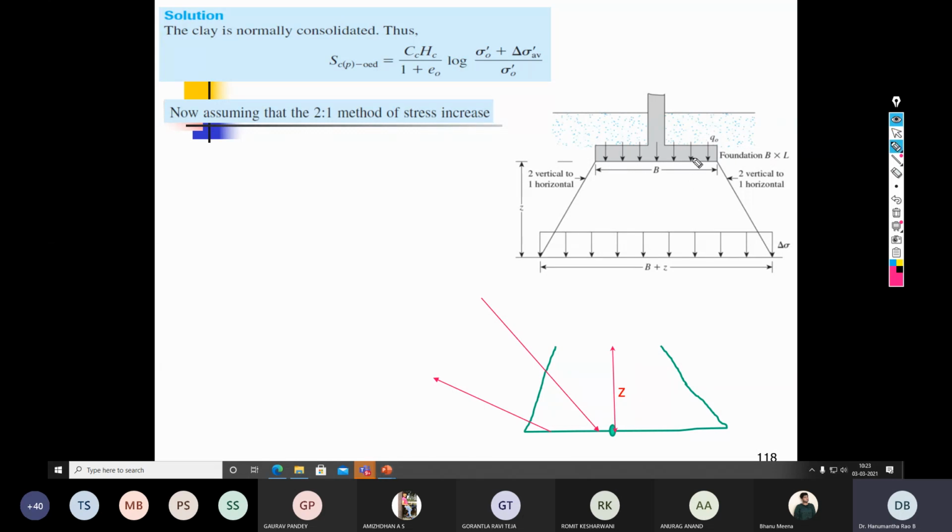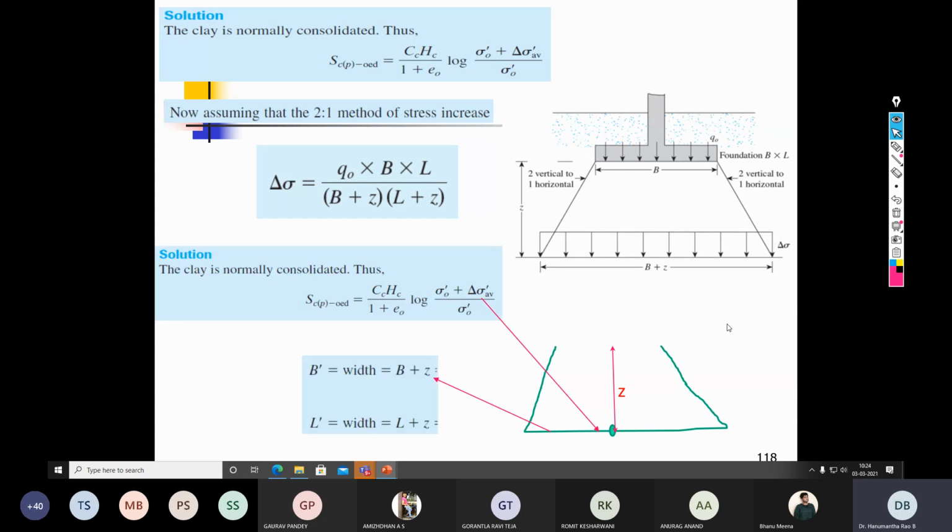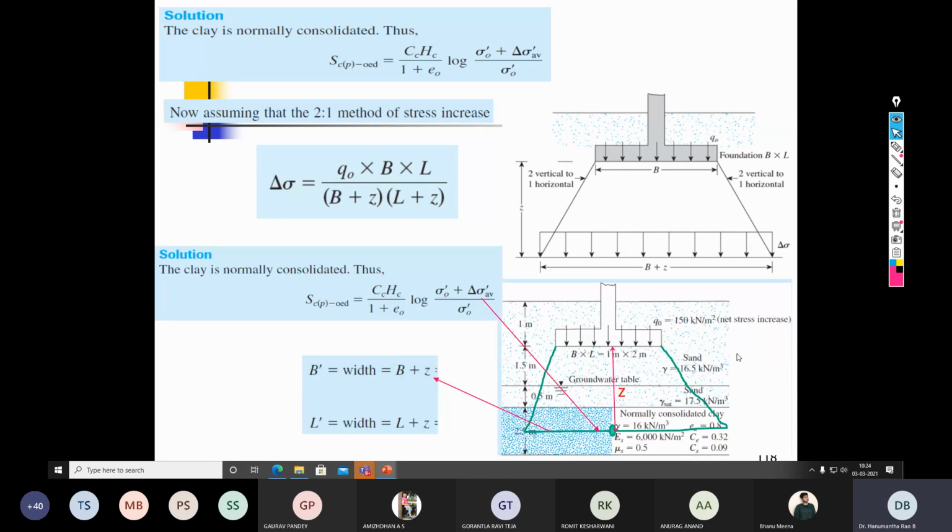Initially the stress at the foundation level is Q naught, which is spreading over an area of B by L. Since we have to calculate at the middle of the clay layer, we assume a stress distribution of approximately 2 vertical to 1 horizontal.